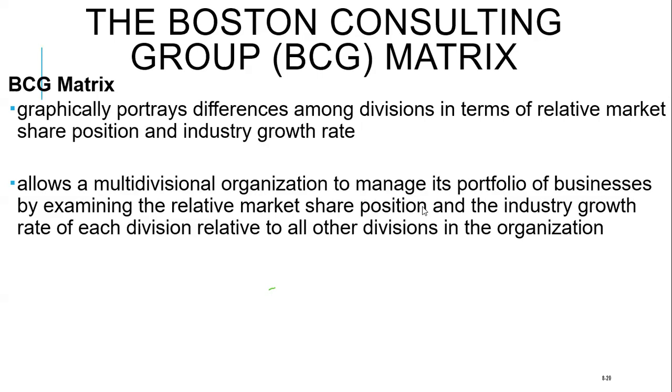And the Boston Consulting Group matrix provides an avenue for a firm to always rely on different strategies for their different divisions or product lines that are competing in the industry.